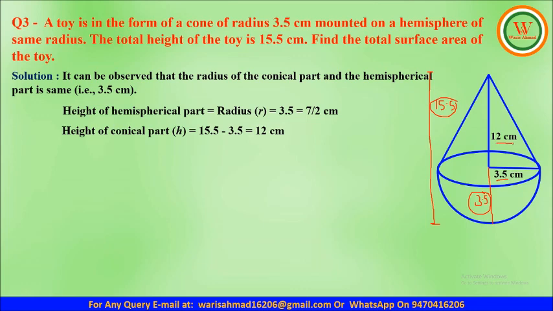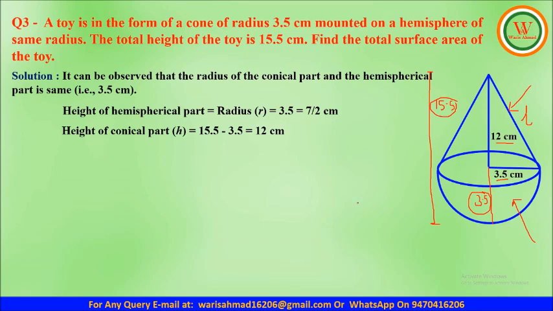Now we have to find the total surface area of this toy. For this, first of all, we have to find the CSA, curved surface area of this conical part, and curved surface area of this hemispherical part. To find the curved surface area of this conical part, we need slant height, that is L. To find the value of slant height, we can use the formula L square equals to H square plus R square.